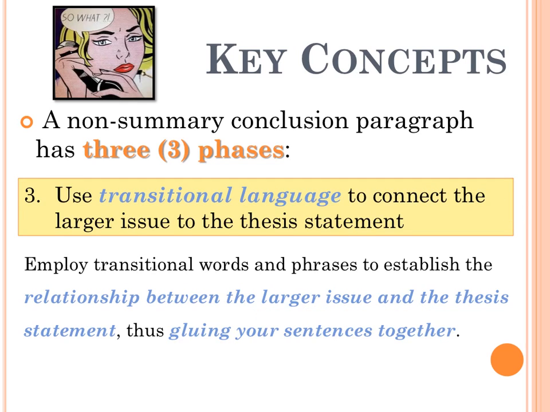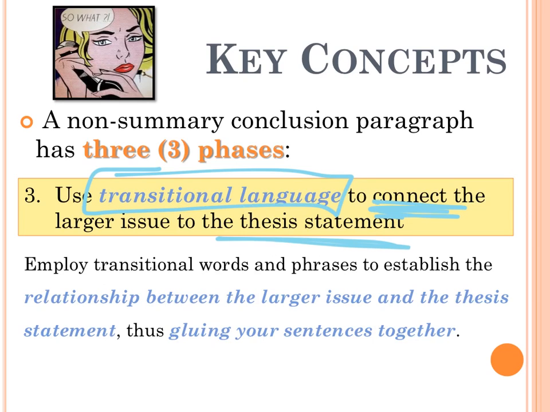The third phase is the phase that we've been practicing pretty much since the beginning of the year. When you provide an example, and then secondly, when you explain it, now we have to be sure at some point to use some transitional language that connects what this example shows to the thesis statement.